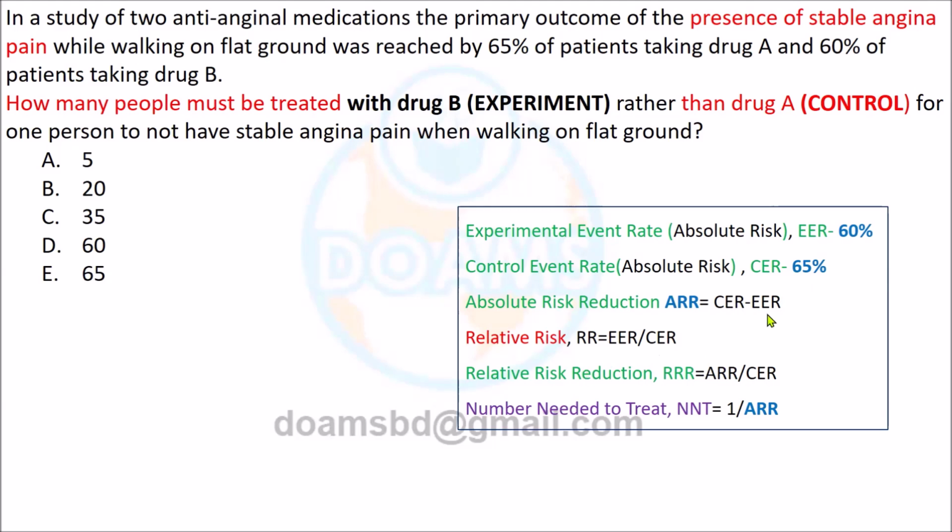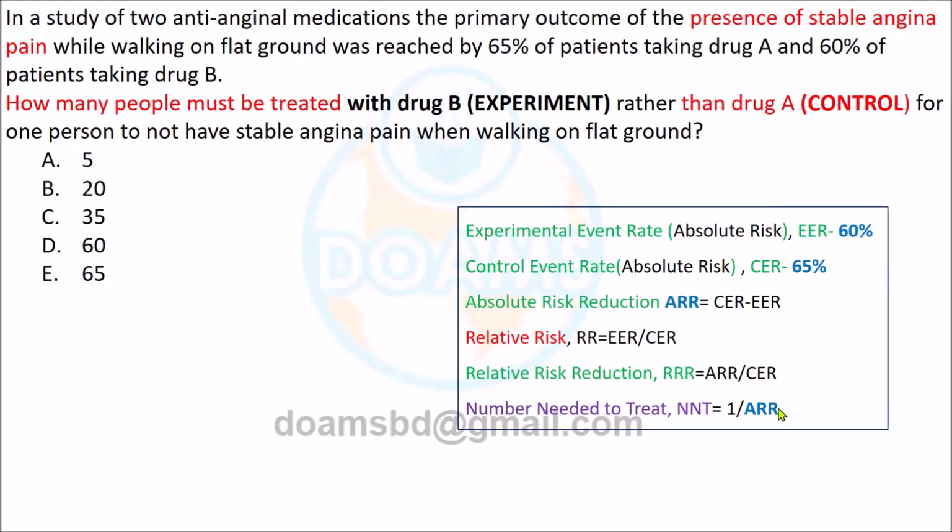Relative risk is less than 1, isn't it? Yes. It means actually relative risk is less. Then relative risk reduction, ARR divided by CER. Are you writing in the paper, doctor, now? Yes, sir. Good, good. Now number needed to treat.